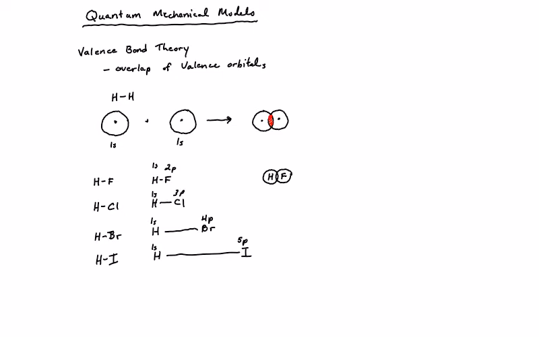Chlorine is going to be bigger than fluorine. So if we look at the distance between the centers of these atoms, we can see the bond length is getting longer. We go down to HBr.